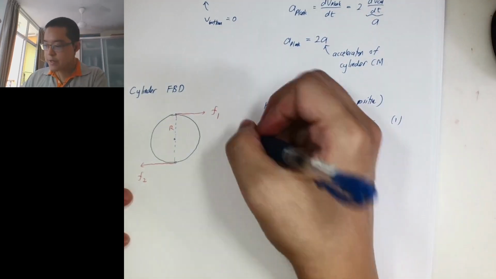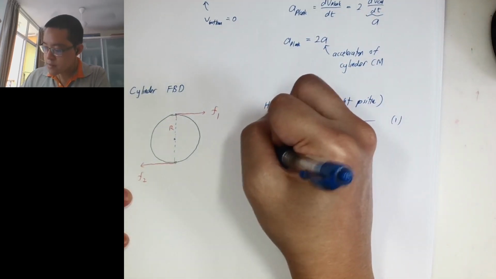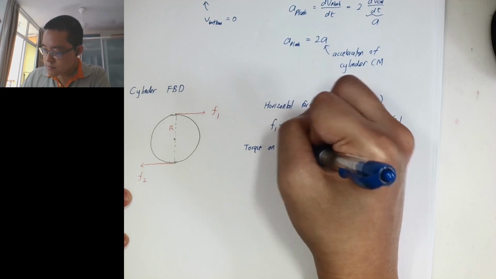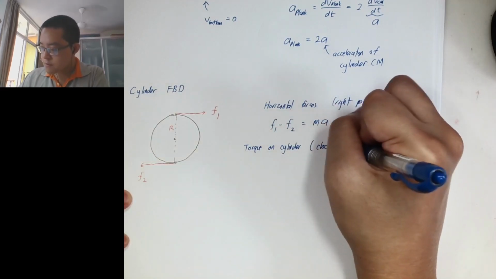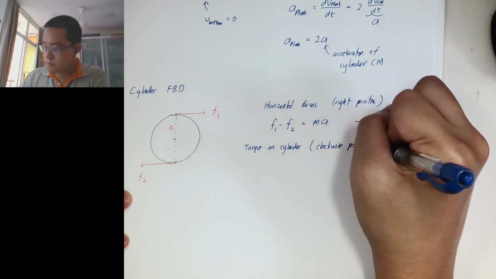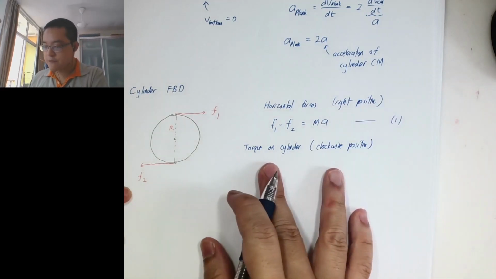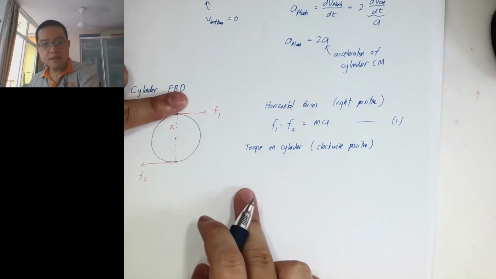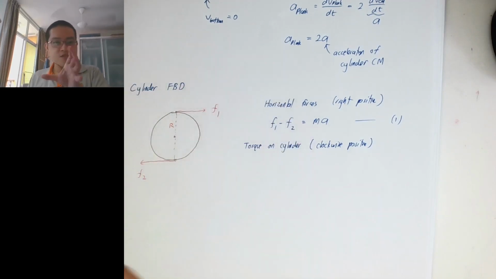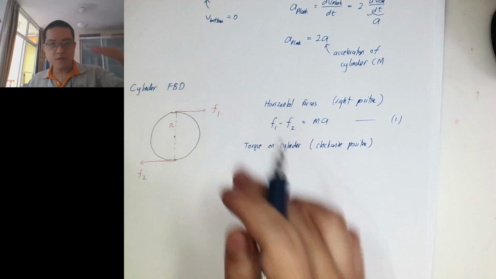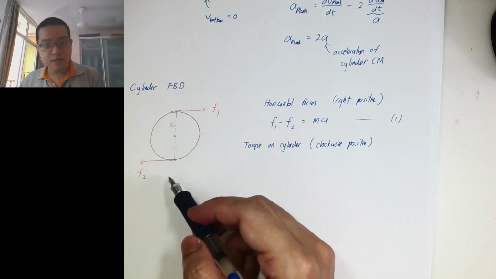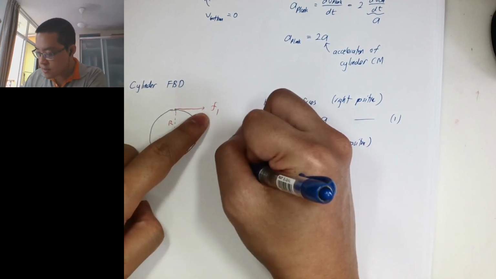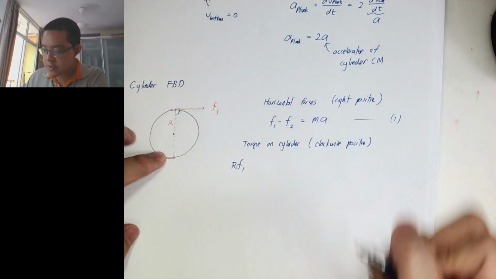Next, we analyze the torque on the cylinder. We will take clockwise as positive. What is the torque? This force tends to push it in the clockwise direction, so this force is a clockwise torque. This force is also a clockwise torque. This torque is r times F1 because it's perpendicular.